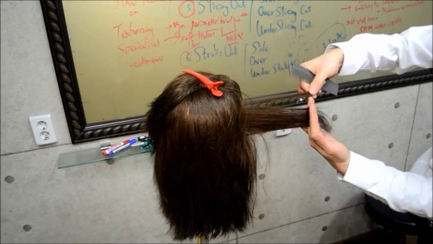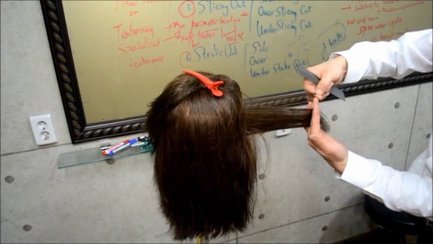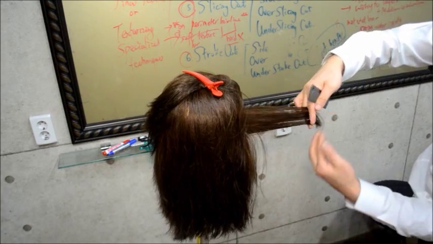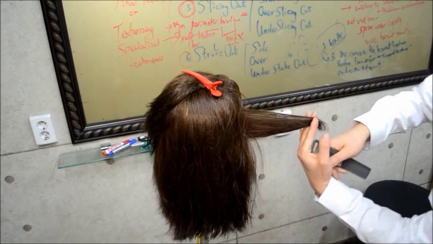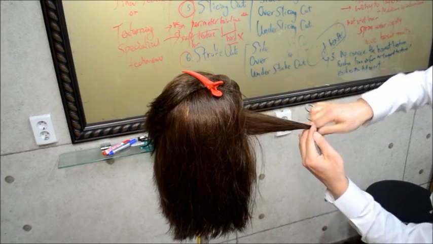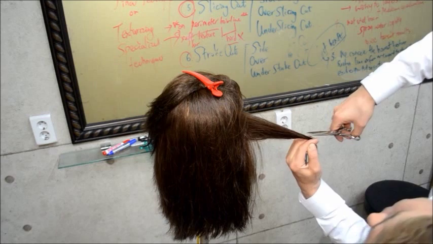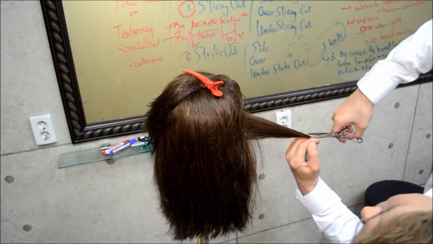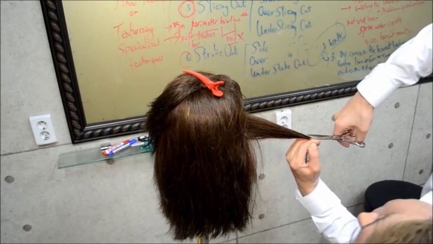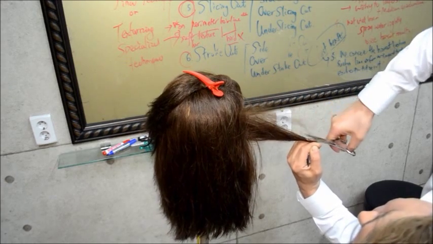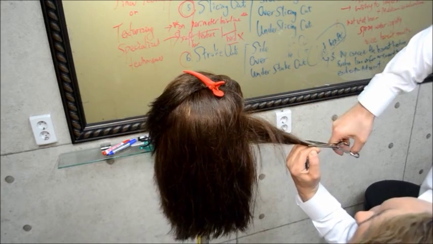So again, this is the starting point, over slash cut. Like this, lower the body, slice and close, cut and turn, cut and turn.